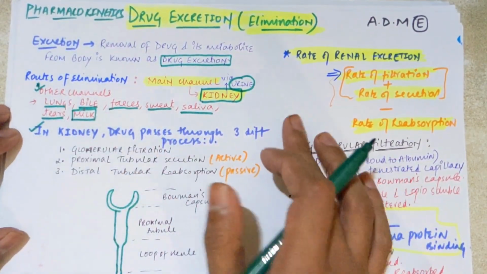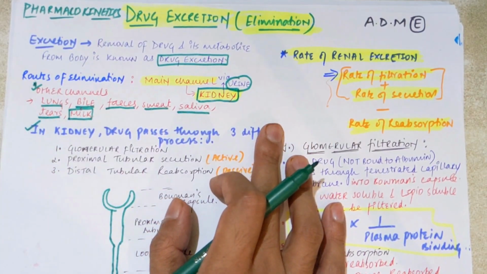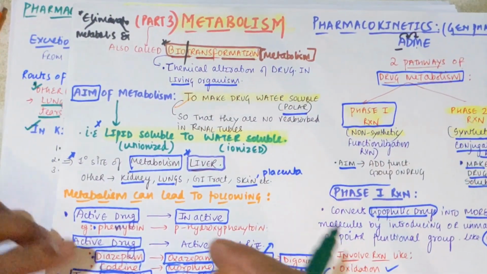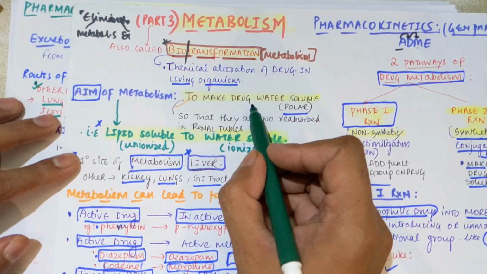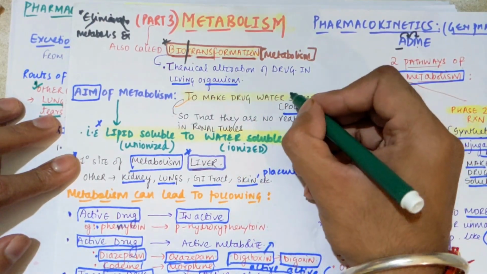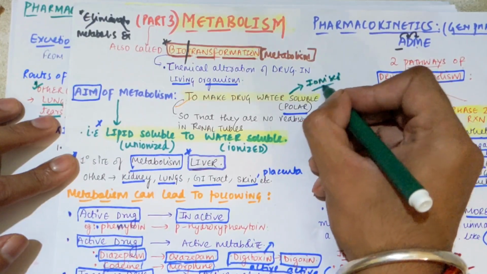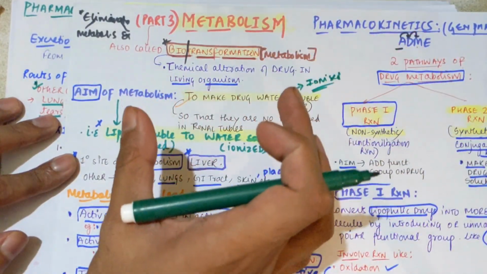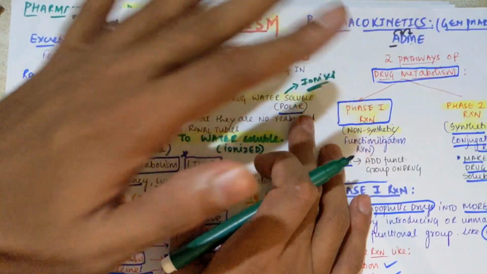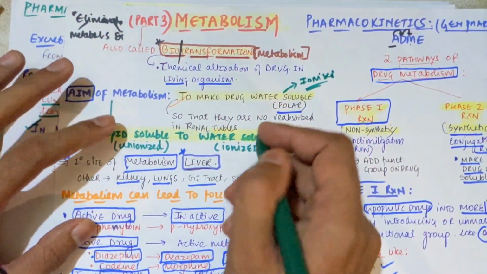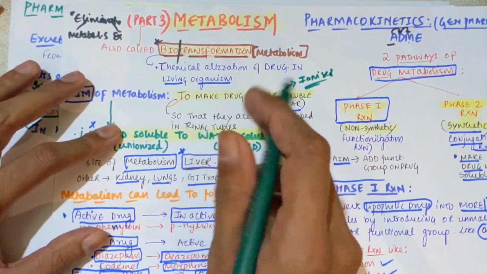Let's start. As we discussed in the metabolism video, the aim of metabolism was to make the drug water soluble, that is the ionized, polar form, converting it from lipid soluble to water soluble, so that it is not reabsorbed in the renal tubule.